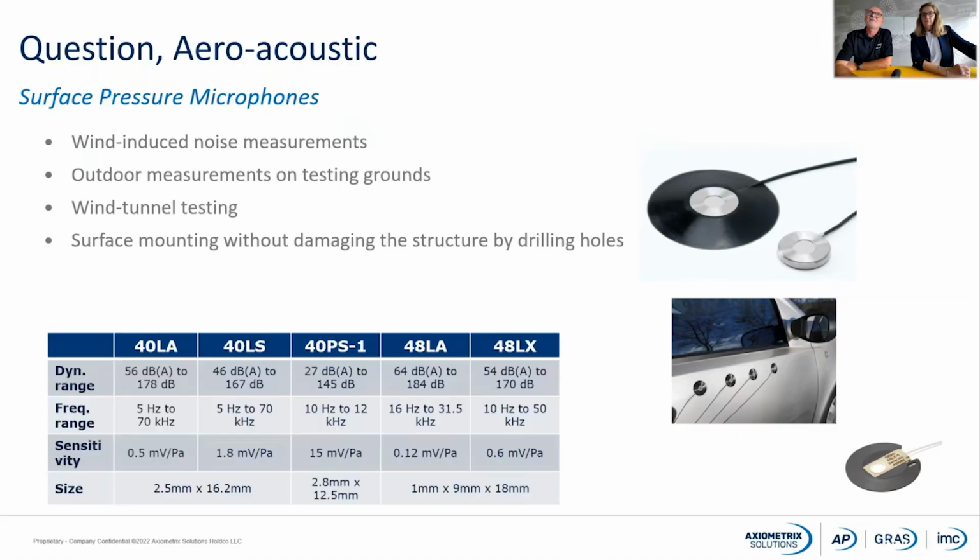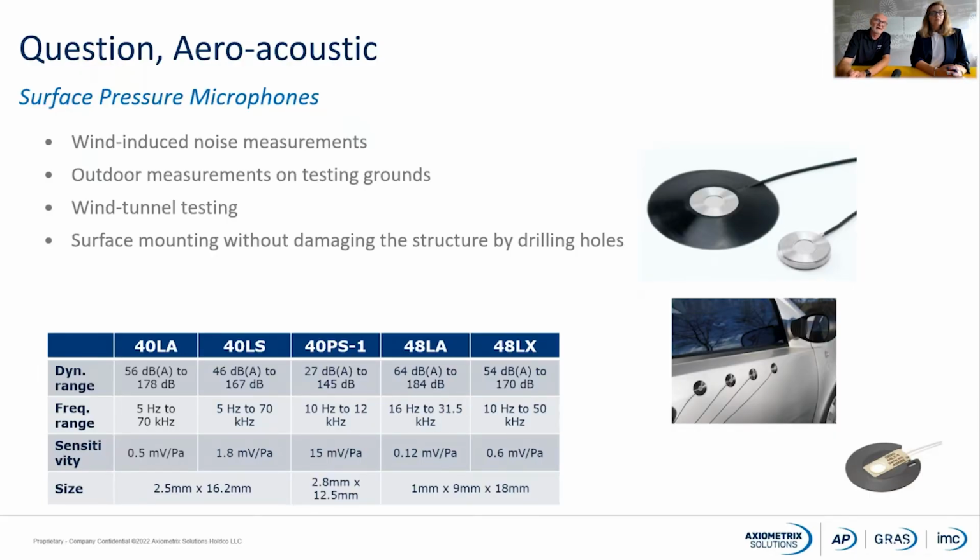in a wind tunnel. GRAS do have a huge range of surface microphones. We have the 40LA and 40LS. These are microphones based on a standard quarter-inch microphone, but it's very, very thin.